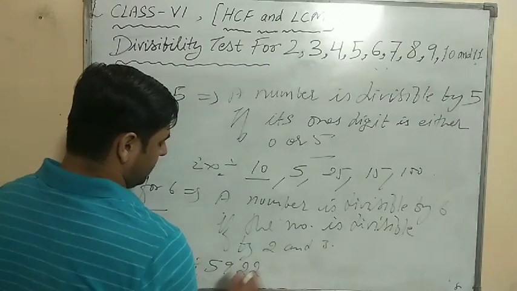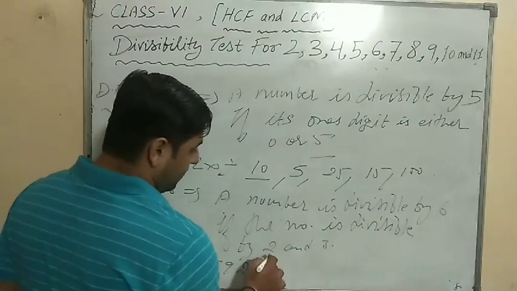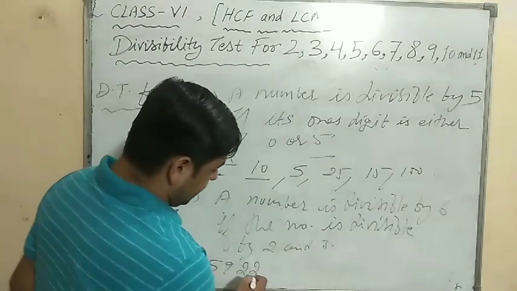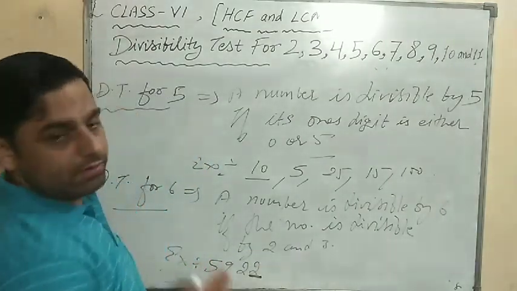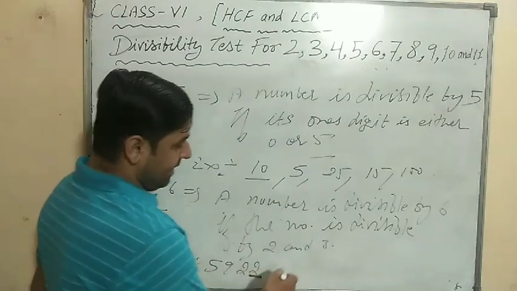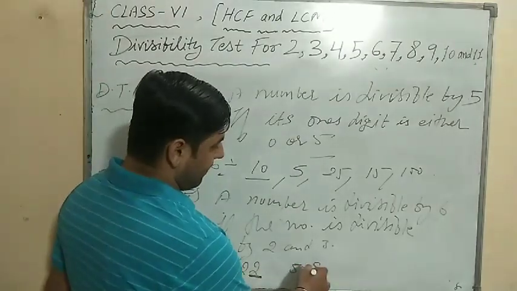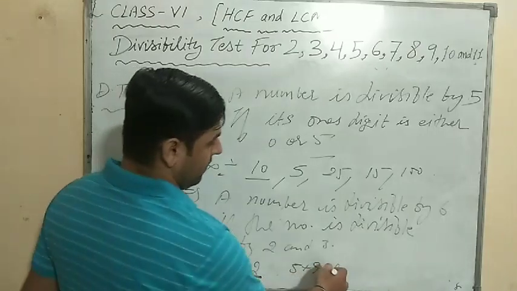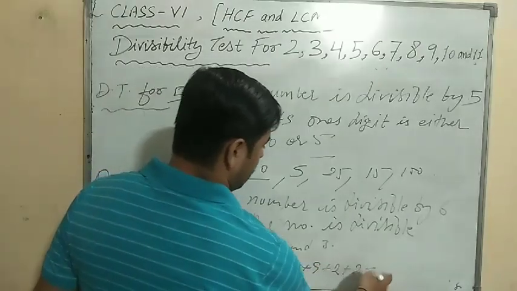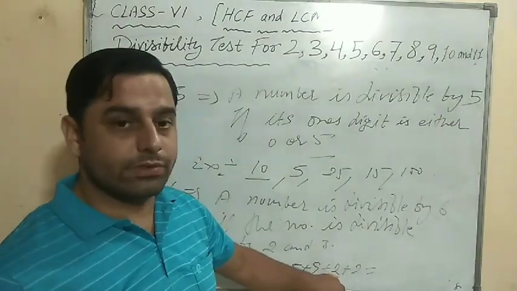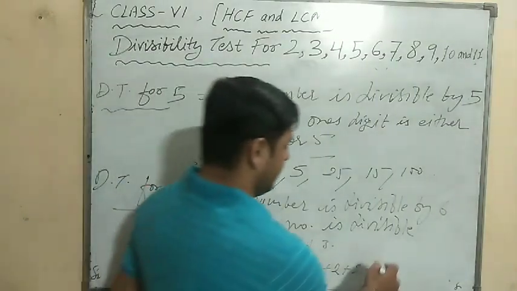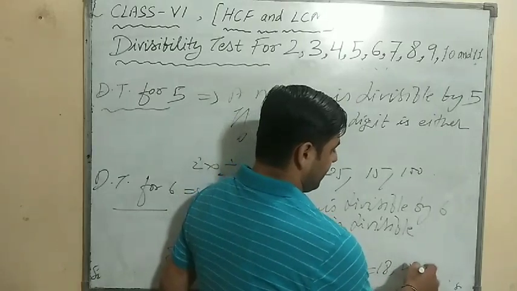5922. Okay. According to the divisibility test for 2, its unit place is 2. According to the divisibility test for 3, we have to add all digits. So 5 plus 9 plus 2 plus 2, equal to 5 plus 9 is 14, plus 2 is 16, plus 2 is 18.